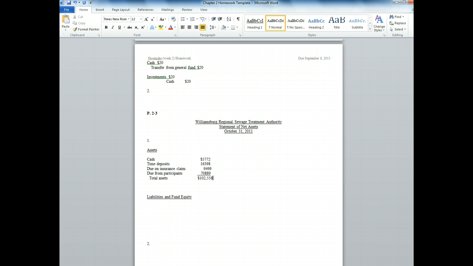Now let's look at our liability and fund equity. Accounts payable, 17,725. Now we've got net assets. What do we have in restricted net assets?